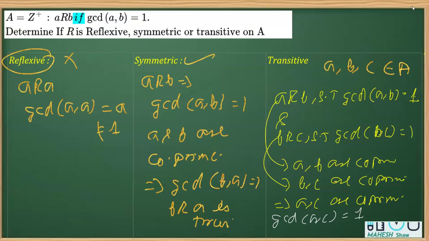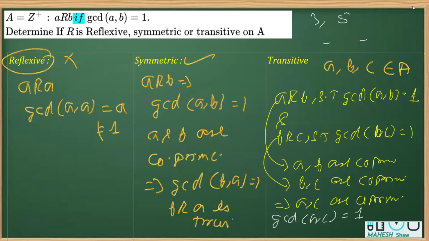Let's say, for example, I take three numbers, 3, 5, and 16. These two are co-prime because the highest common factor between 3 and 5 is 1. The highest common factor between 5 and 16 is 1. So the highest common factor between 3 and 16 is also going to be 1. Now see the contradiction here.